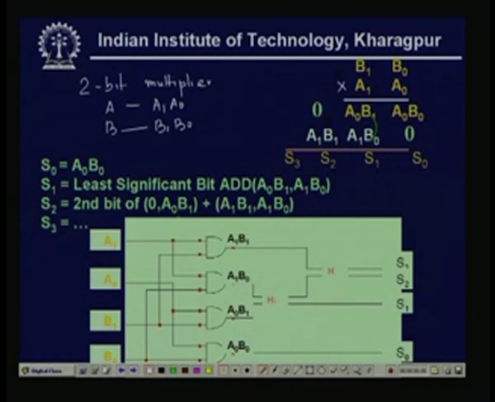So, we can now write the expressions for S0, S1, S2, S3. As already defined, S0 is A0 B0, S1 is the least significant bit of the addition of A0 B1 and A1 B0. See that these are two terms, this is one summation.